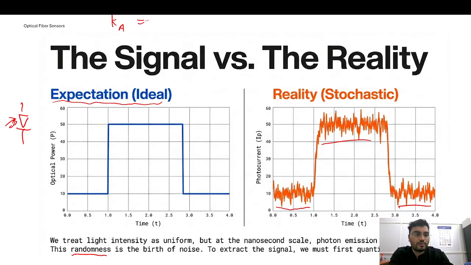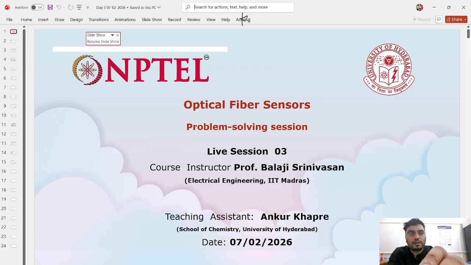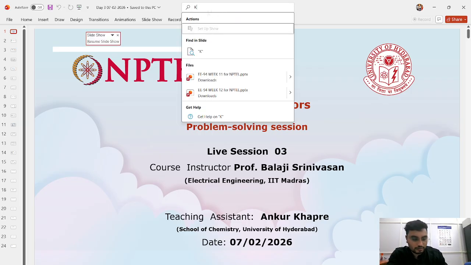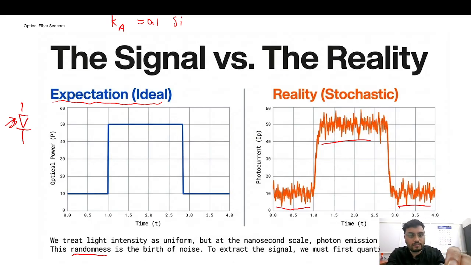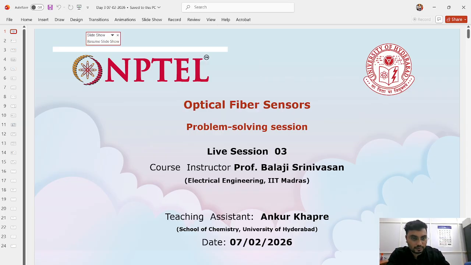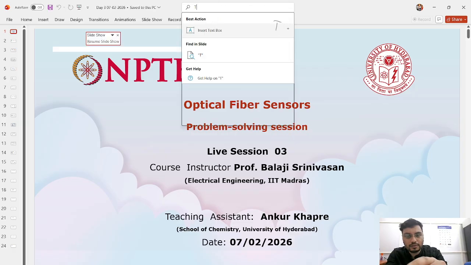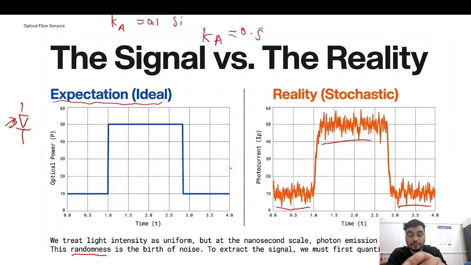For silicon it is 0.1, and k is 0.5 for indium gallium arsenide.